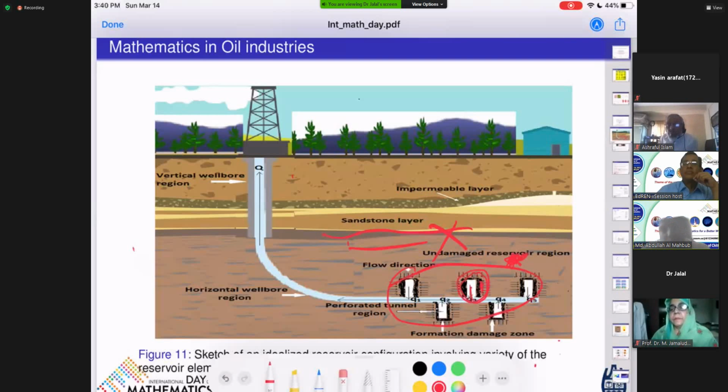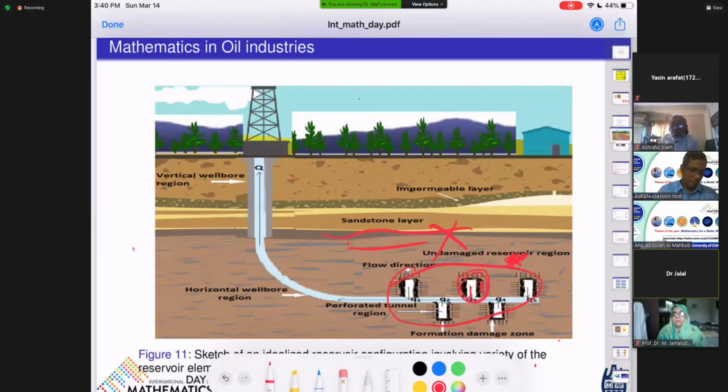No, I said I am not considering the fractured or unfractured zone. But are you simulating the reservoir, or only the wellbore region?